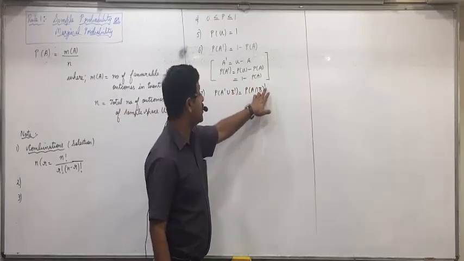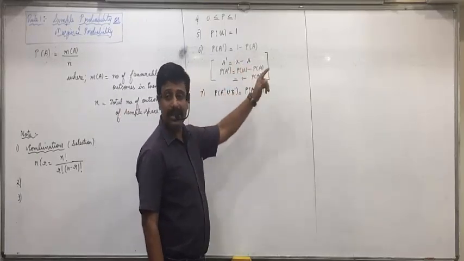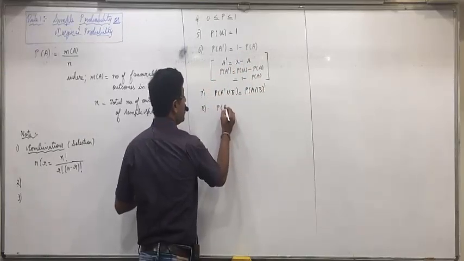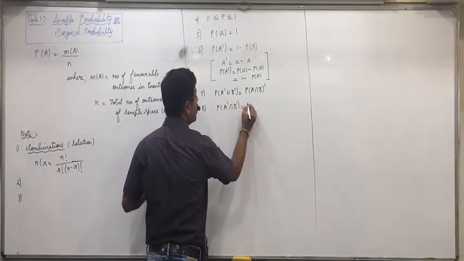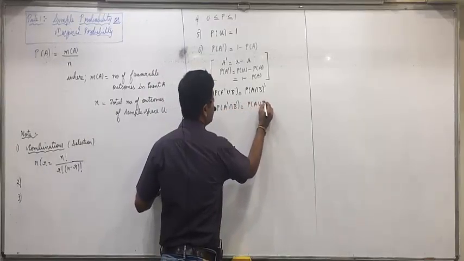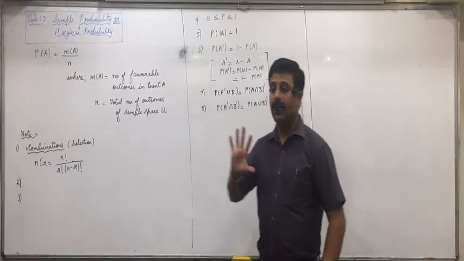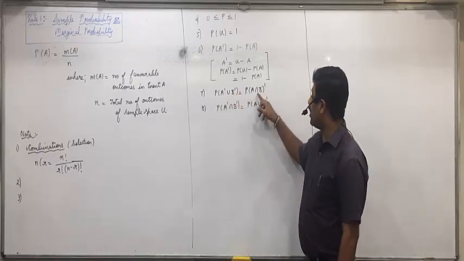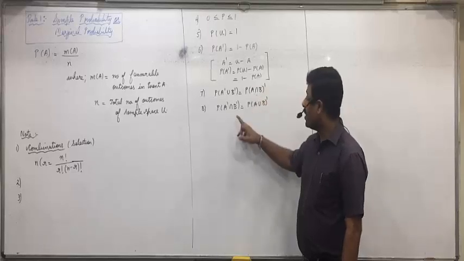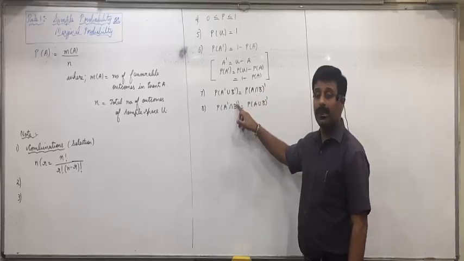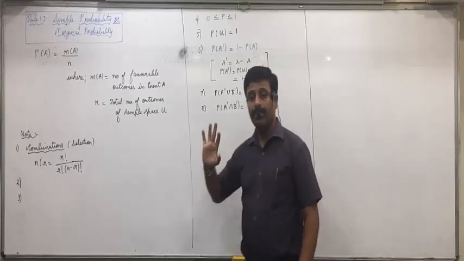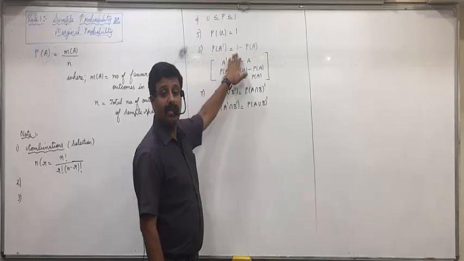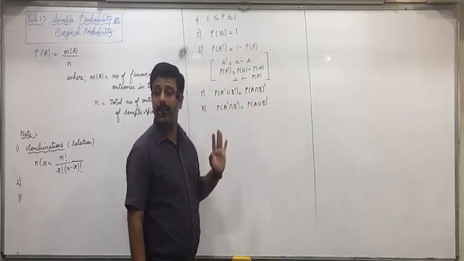And how do you find (A intersection B) whole naught? 1 minus P of A intersection B. Same way, P of A naught intersection B naught is P of (A union B) whole naught. Union of complements is equal to complement of intersection. Intersection of complements is equal to complement of union. Okay, remember this. And how do you find (A union B) whole naught? 1 minus P of A union B.